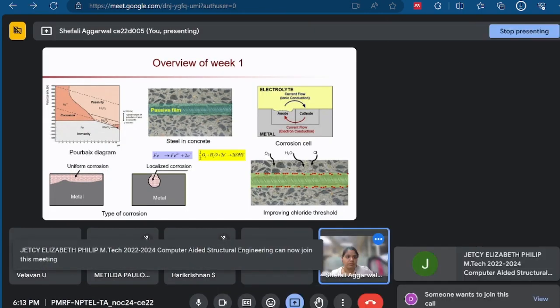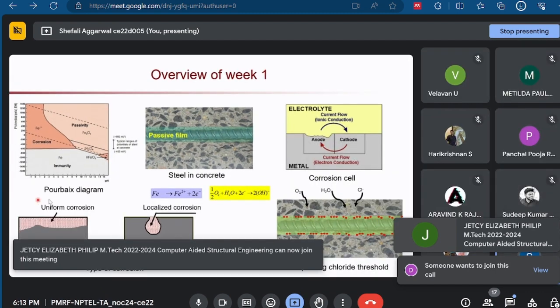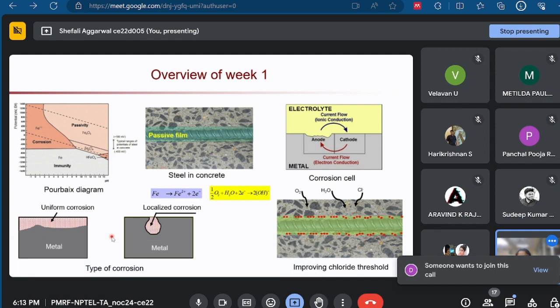Okay. So the next thing is the different types of corrosion present in our concrete system. We have two types of corrosion, uniform corrosion and localized corrosion. When chlorides from the external environment, or chlorides present in the concrete itself, react with these Fe2+ ions, they consume the iron and form iron chlorides.